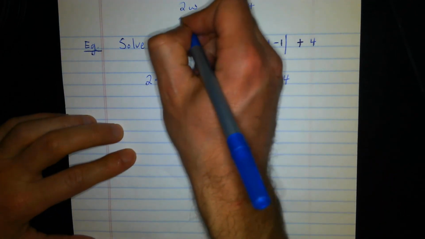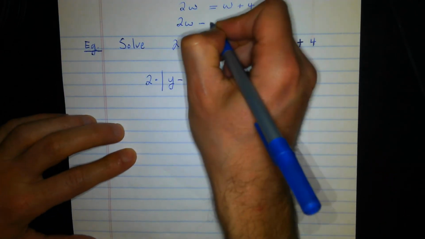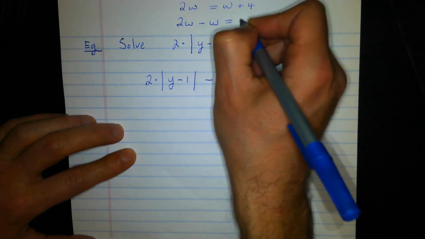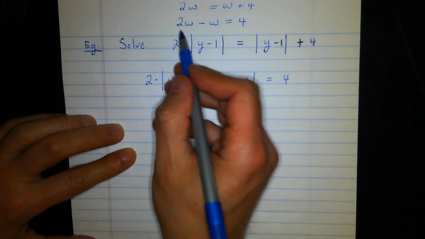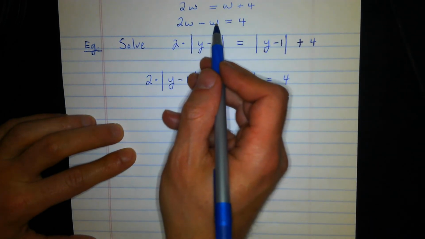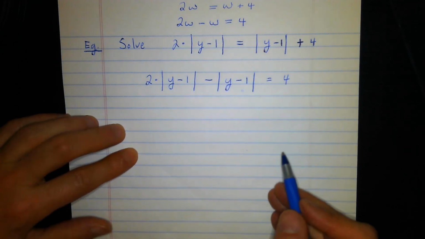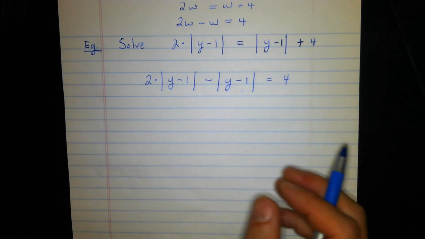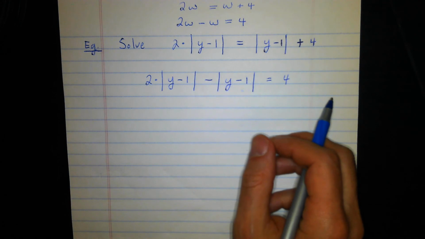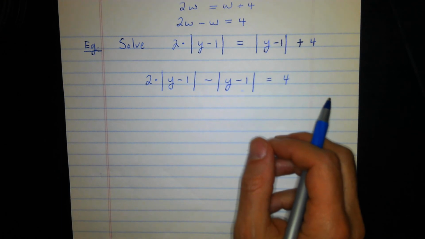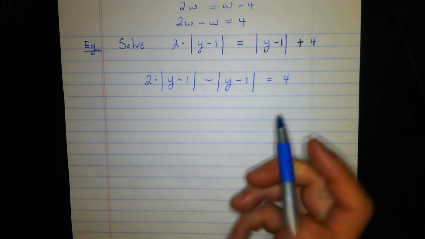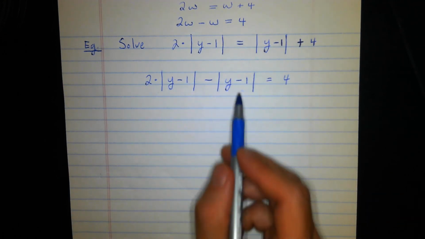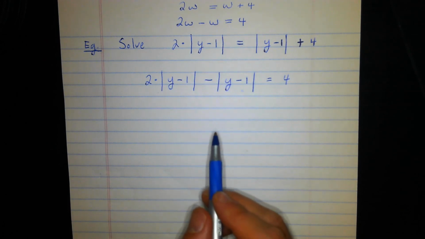Well, it'd look like this: 2w, subtract w from the left-hand side, and then we would collect like terms. We didn't have a chance to do this in the radical equations part of the course this year because we needed to shorten the curriculum a bit, but you should be able to see that these are like terms going into the next course, okay?